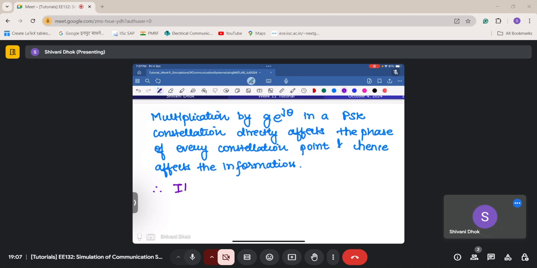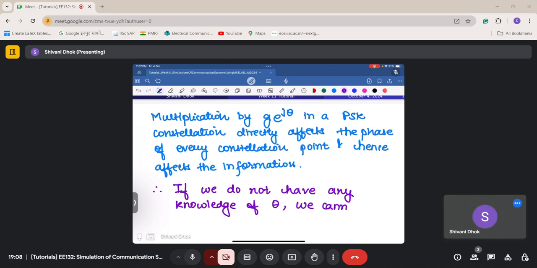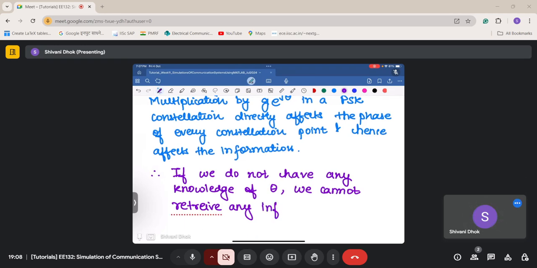Therefore, if we don't have any knowledge of theta, we cannot retrieve any information to any level of accuracy.